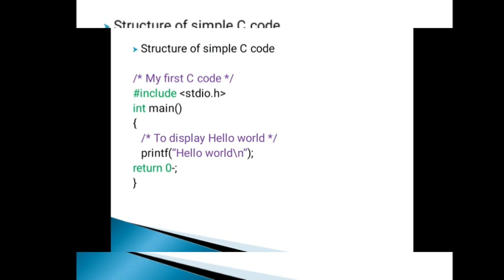Here return 0. We have to know that when we use int main, we have to put return 0. When we use void main, return 0 is not needed.